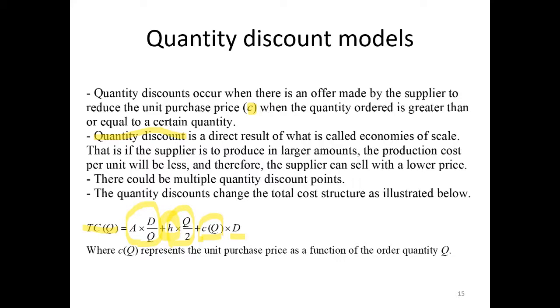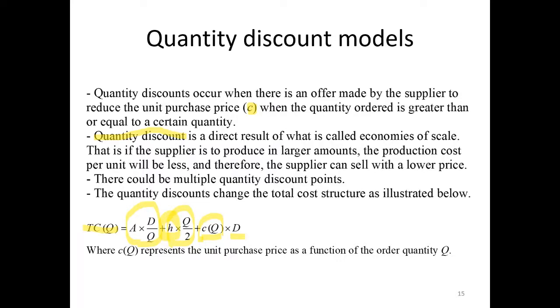And when you have a higher level of automation, usually the production cost per unit will go down. So if you purchase more quantities, this will encourage the supplier to produce more quantities, and the supplier in this case will go for a cheaper way of producing the products, and therefore the cost per unit is going to be down.